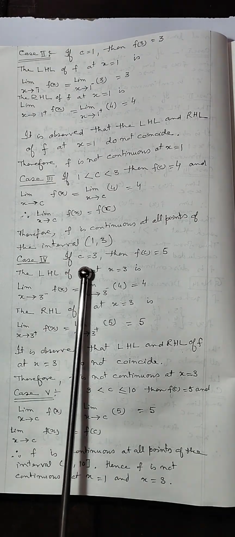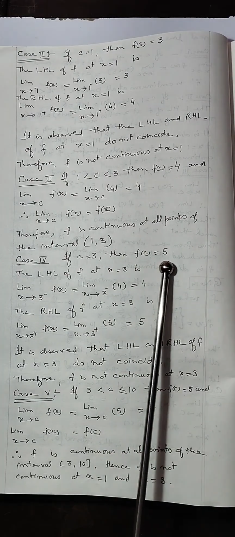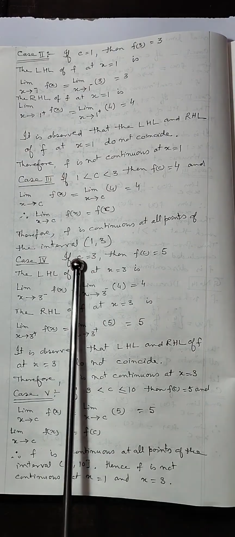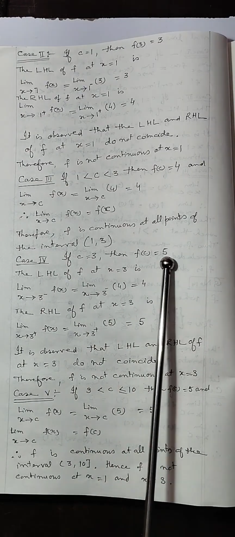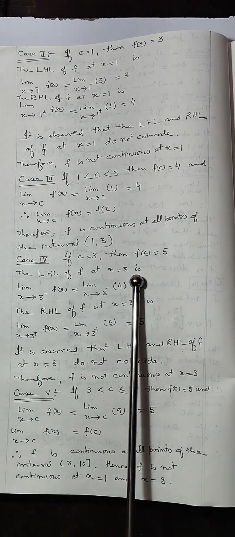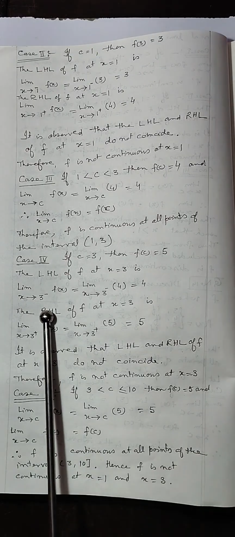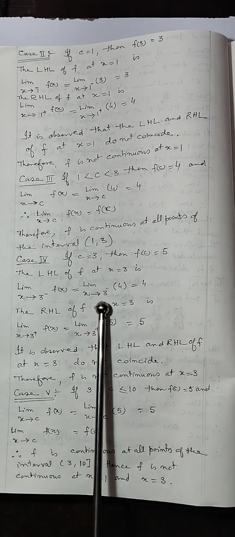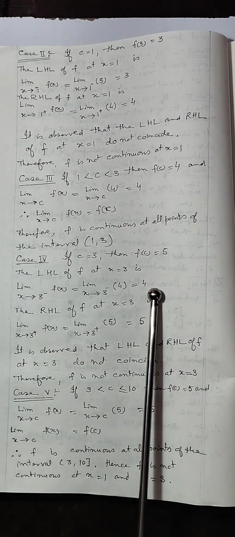If c is equal to 3, then f(c) is equal to 5. अब c 3 के रखेंगे तो उसमें क्या हो जाएगा, वो पूरा फंक्शन किसके बराबर होगा, 5 के बराबर। देखिए द लेफ्ट हैंड लिमिट ऑफ द फंक्शन एट x is equal to 3 is limit x approaching to 3 minus f(x), that is 4, and it will be equal to 4.